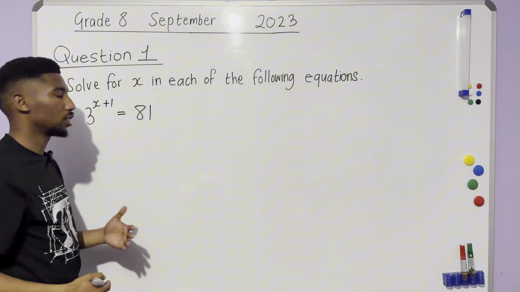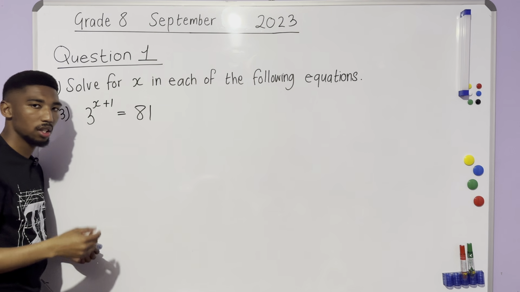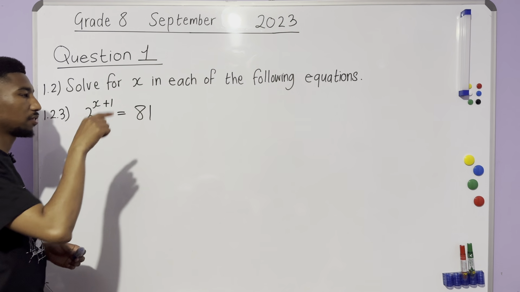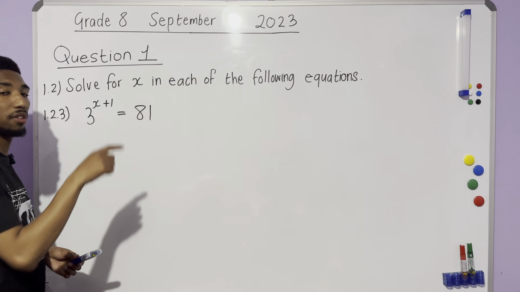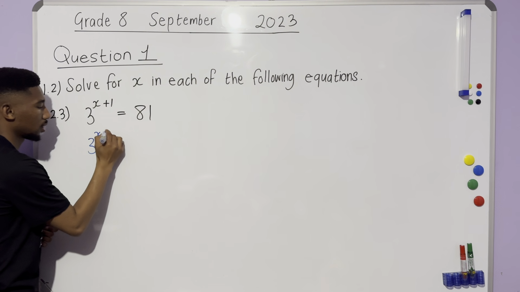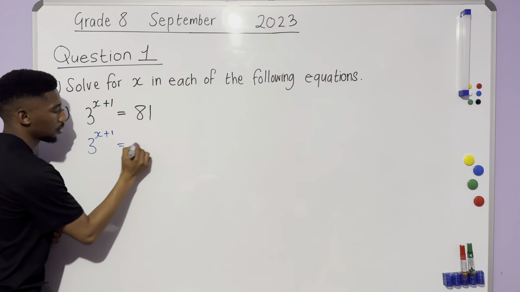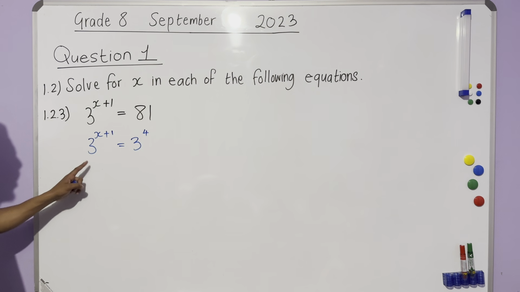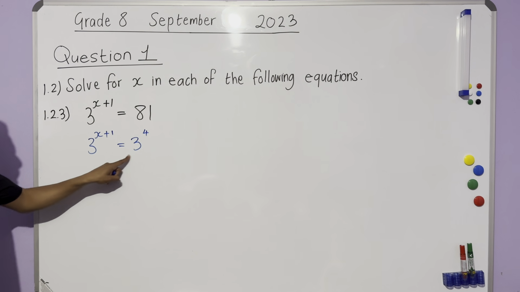What you can do is put 81 into your calculator, press equal, press shift, and press the factorize button or the FACT button. So you will end up with 3 to the power of x plus 1 equals to 3 to the power of 4. In this case now, the bases are the same.